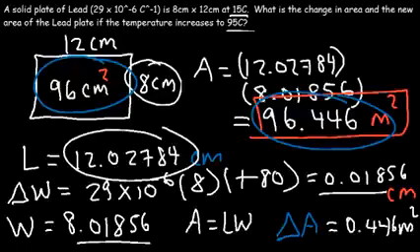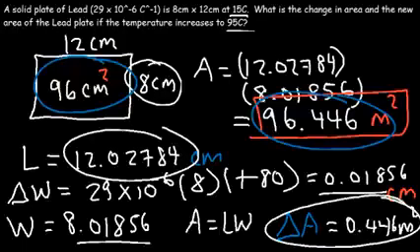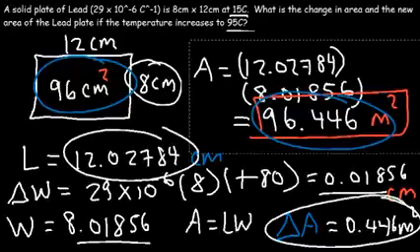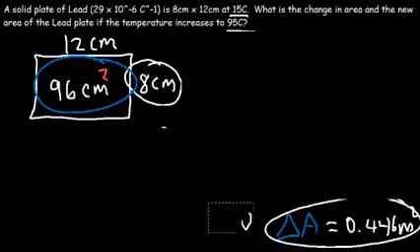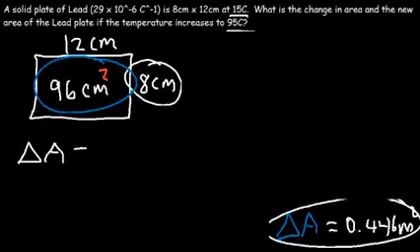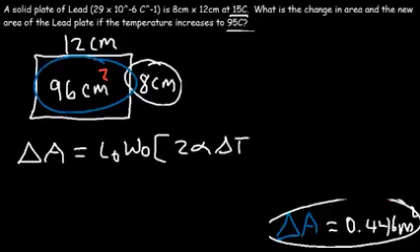If you want to come up with a formula that can help you to get this answer, here's what you need to do. The formula is delta A is equal to L0 W0 times 2 alpha delta T plus alpha squared delta T squared.